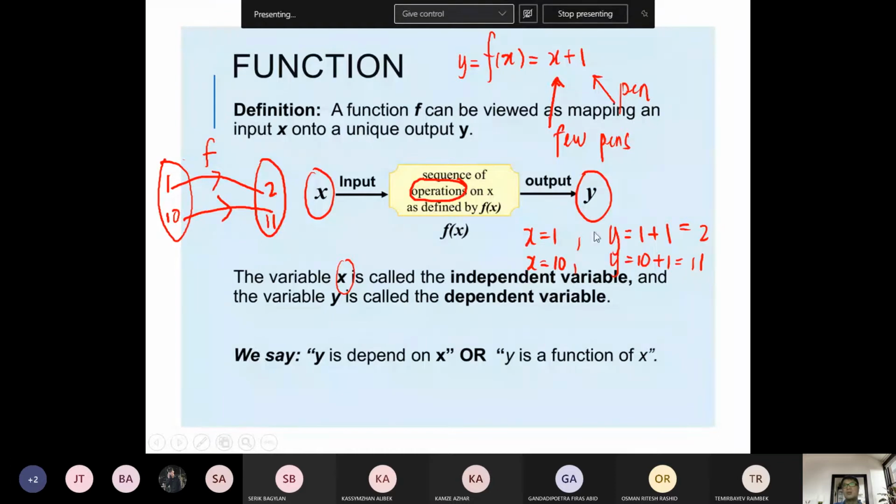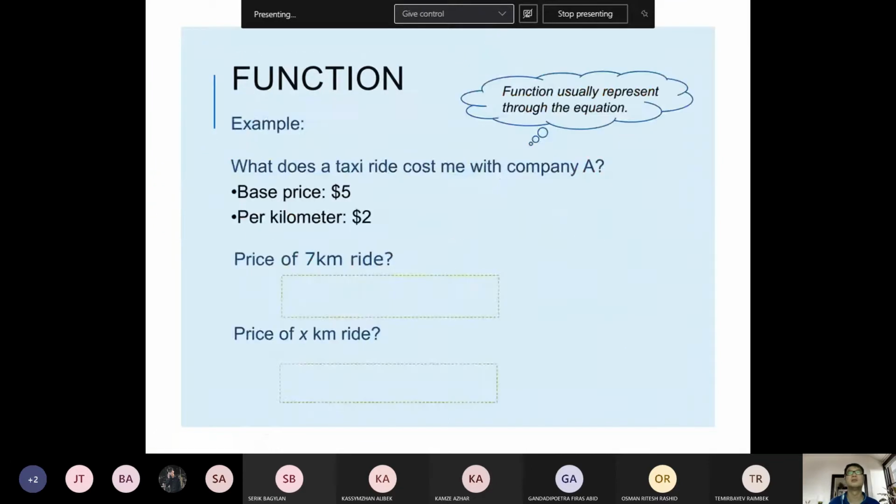And Y is called the dependent variable, because after we decide X, we get Y. So Y depends on X. This is the definition of function.